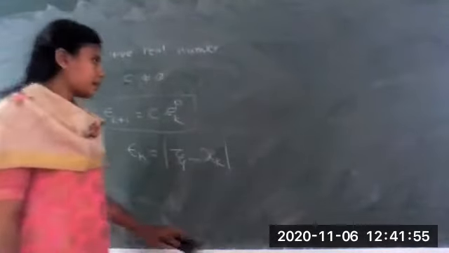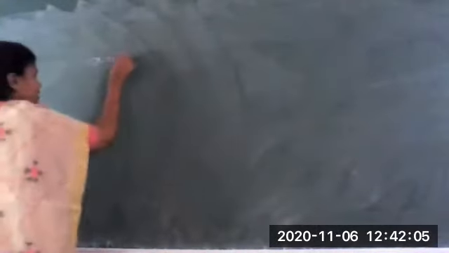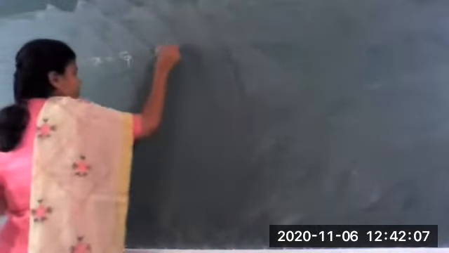Okay. So let us go for the theorem. What is the statement of the theorem? Let x equal to zeta be the root of the equation f of x is equal to 0.